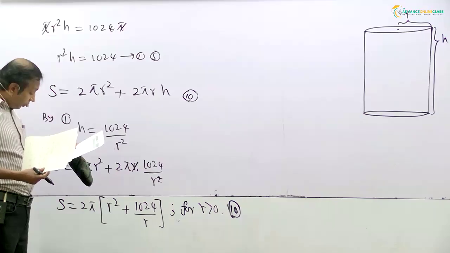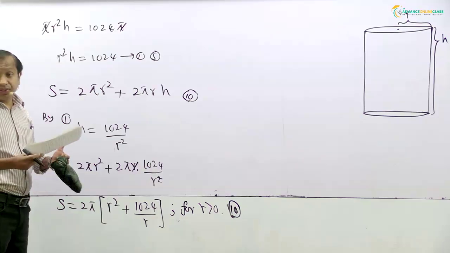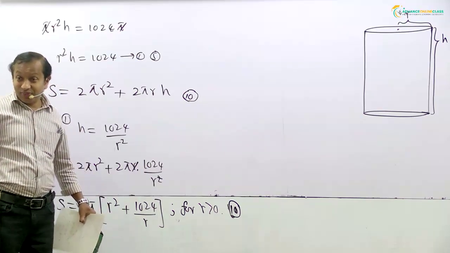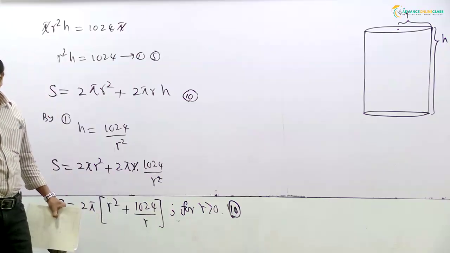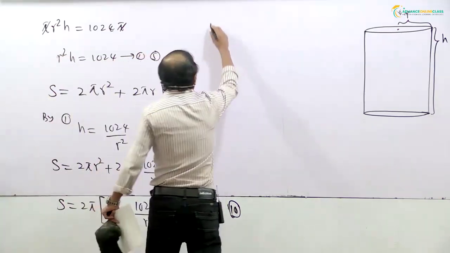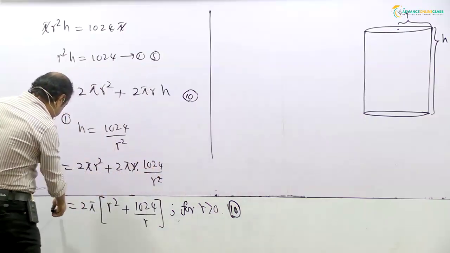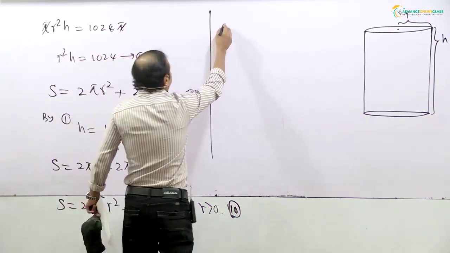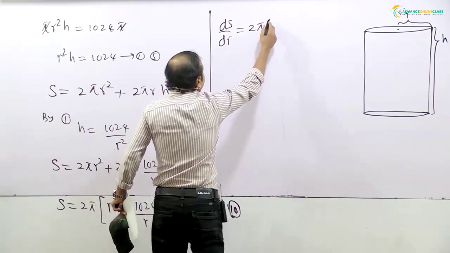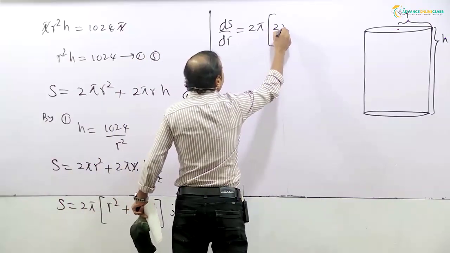Show that S is minimum when r equals 8. Differentiate this, ds over dr. R squared derivative is what? 2r, no?